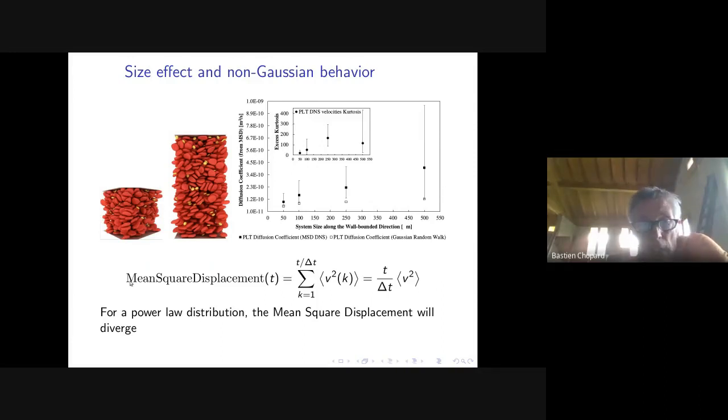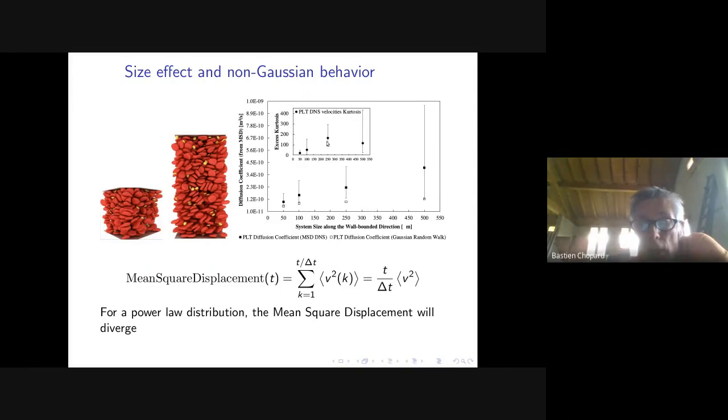If you write down the mean square displacement, you see that it's related to the variance of the velocity. But if the variance of the velocity is infinite for an infinitely big system, you understand very well that it has to diverge. So that's the first indication that there's something important here, which is not Gaussian and tends to show that we actually have a fat tail distribution, so an undefined variance.